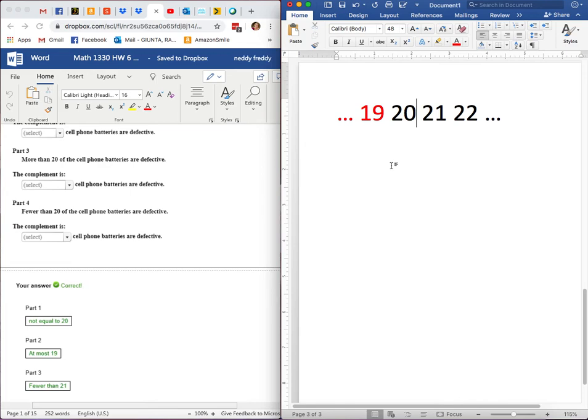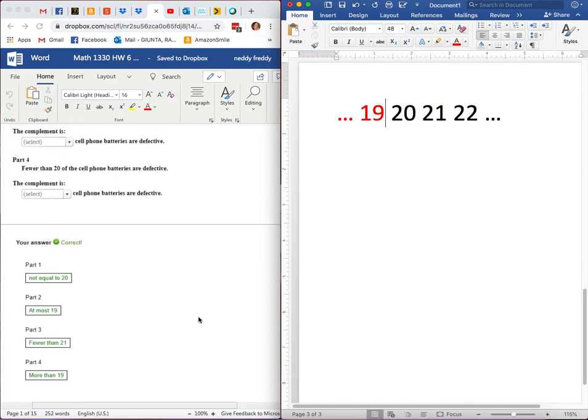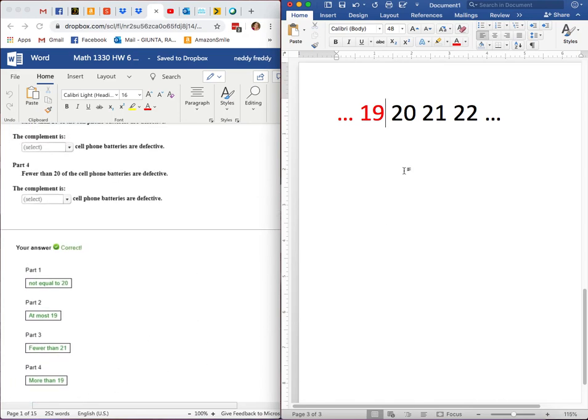So if it said more than 18, then that would not work because it would include 19, 20, and everything, but then 19 is in both groups, so that's not allowed. More than 19 is the correct answer because that starts with 20 and everything higher.